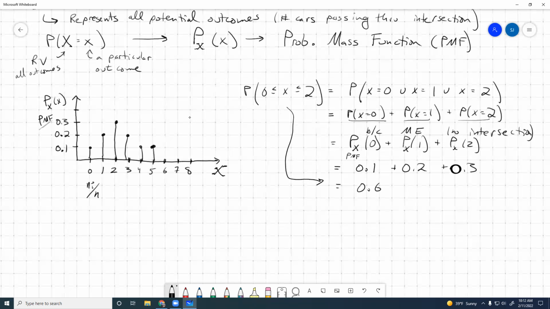Now, why do we call it mass? Probability mass. It's really just an arbitrary way of talking about it. Well, not totally arbitrary, but we'll say if probability is mass, mass is kind of like this fundamental unit of matter, then we can just add things up. We'll take the probability mass of this and the probability mass of this, and we'll add it up.